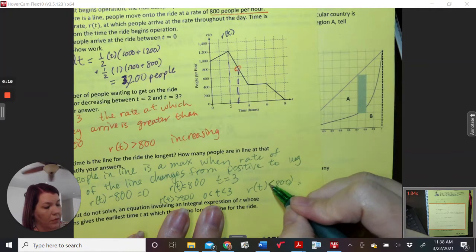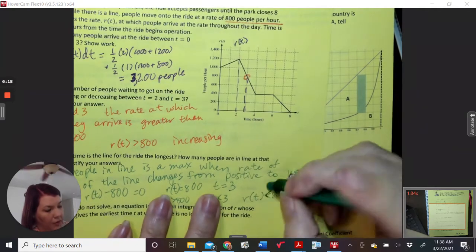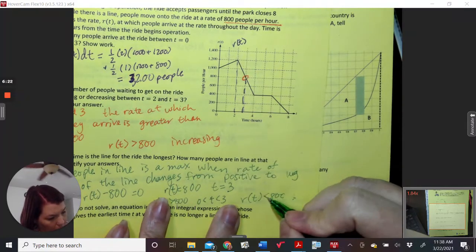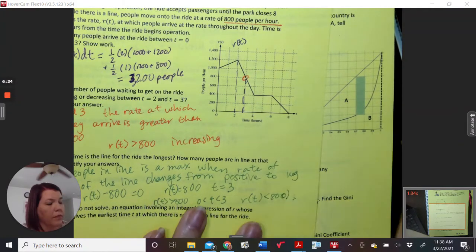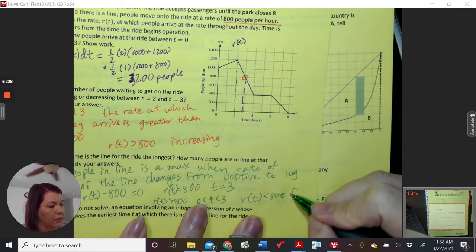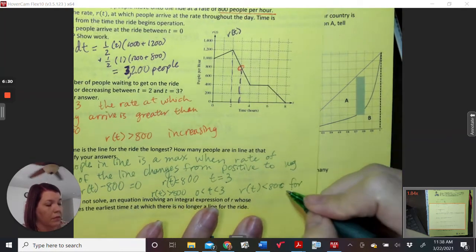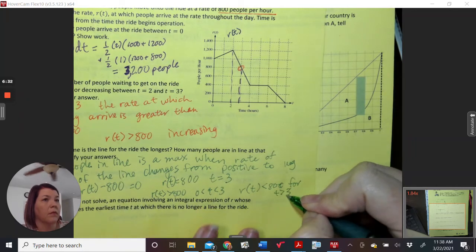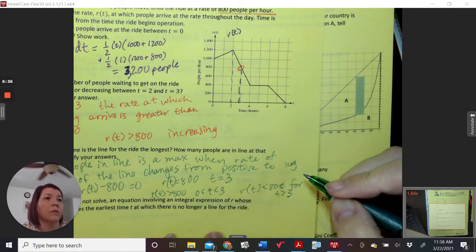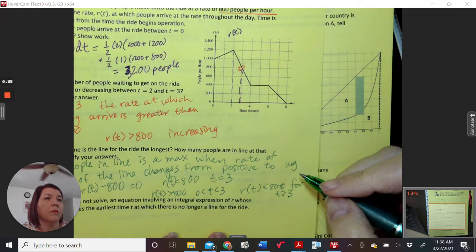Less than. I think that looks like a parenthesis. Not a parenthesis. Okay, so that's the first part.